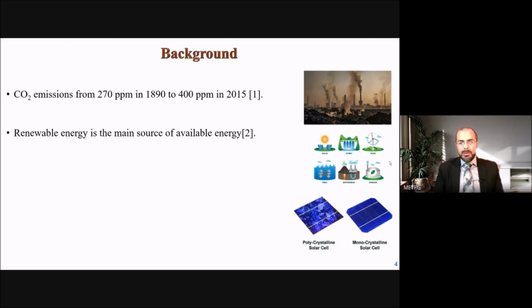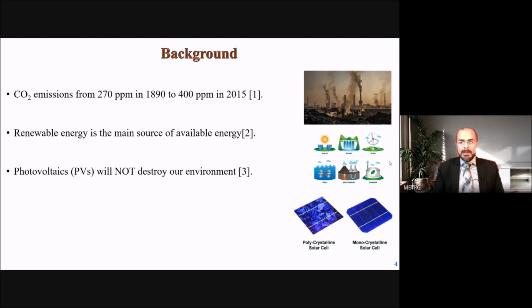So we need renewable energy. Renewable energy is the main source available for energy since the start of human beings or life on the earth. And we have many types of renewable energies, such as solar, hydro, wind, tidal, geothermal, biomass, and more.